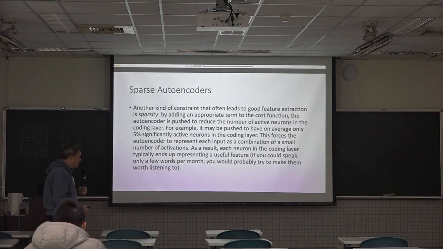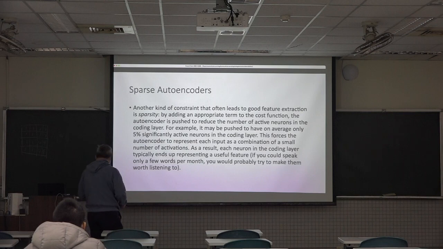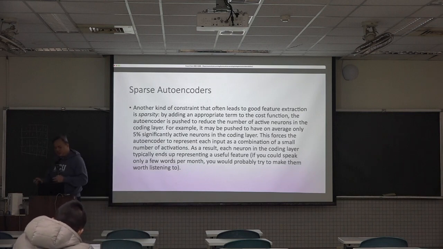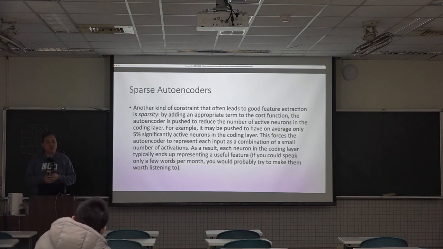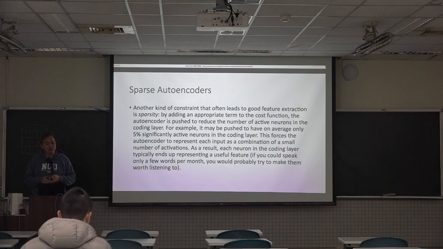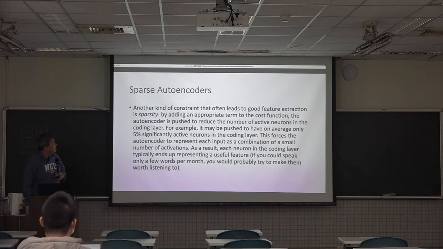So now we have finished another application of autoencoder, which is getting rid of noise, either white noise or doing the imputation for us. And the next one is called a sparse autoencoder.